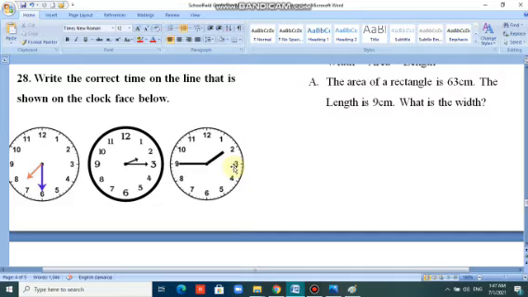Because, as I said, two numbers on the clock show quarter, 9 and 3 show quarter. So it's quarter to 2, or 15 minutes to 2, or 1:45. And this is an analog clock.